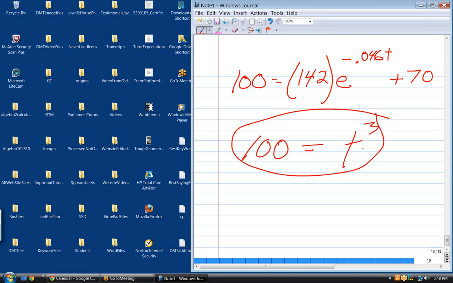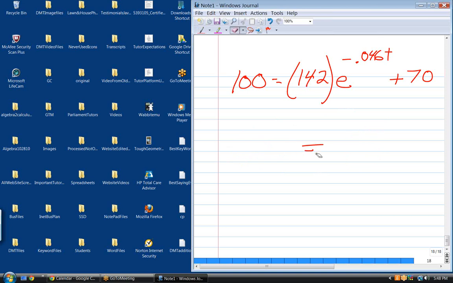It's only when your variable is in the exponent that you're going to have to use logs to solve it. And usually that's the only way to solve it. So let's break this thing down. Let's see if we can isolate that and then deal with it the way we've been dealing with all these problems.